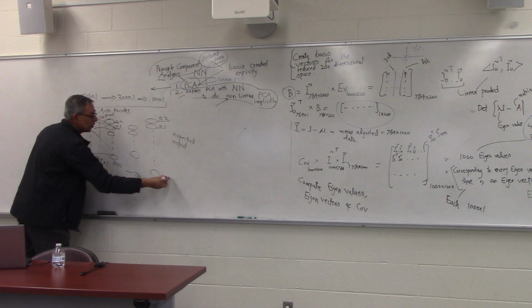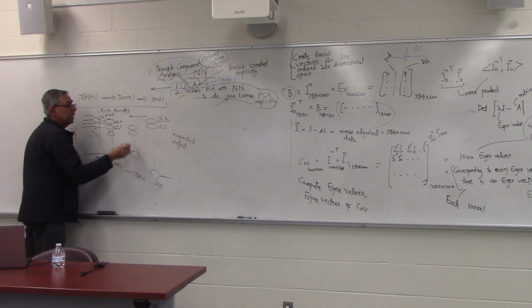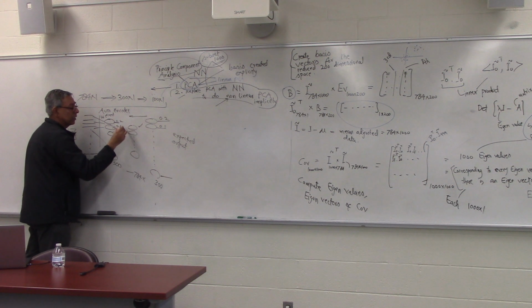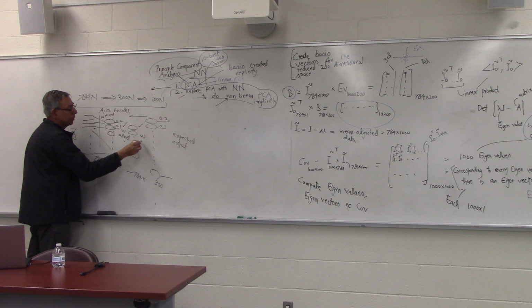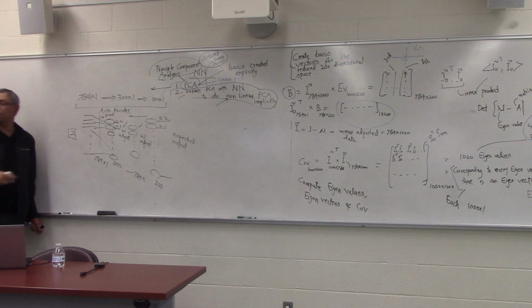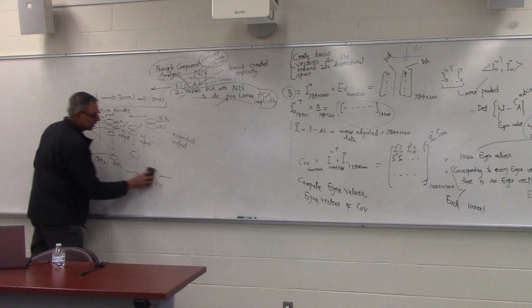So we'll train it, and as we backpropagate, we'll adjust these weights, correct? So suppose we went through a lot of training data and trained it, then what will we do? Remove the last layer, exactly.